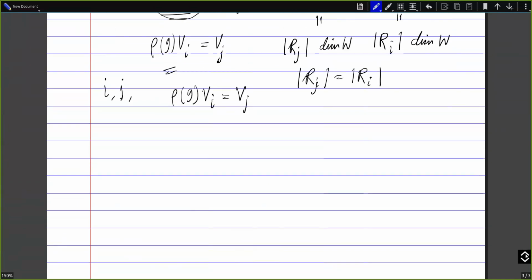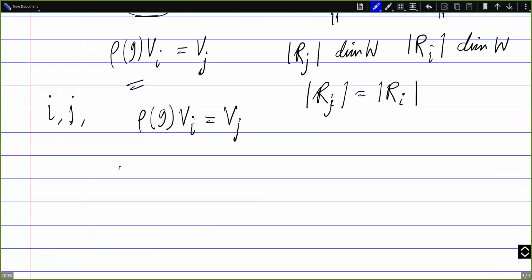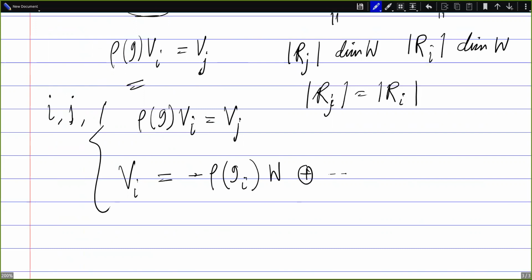And that's very easy to see. To prove this, let's observe that suppose Vi has a term, let's say rho gi w plus something which I don't care about, and Vj has a term rho gj w. Then we have to consider rho gj gi inverse.